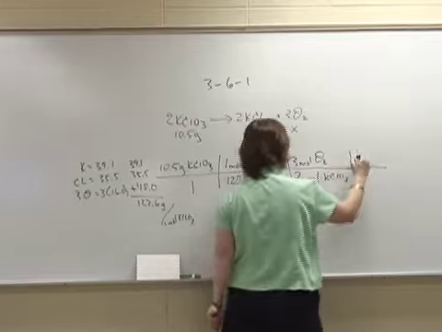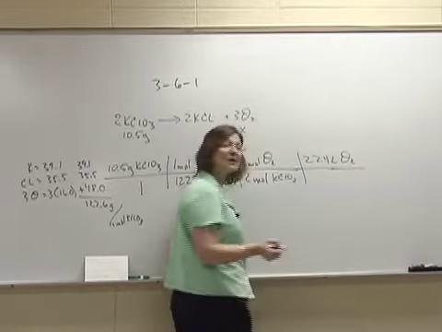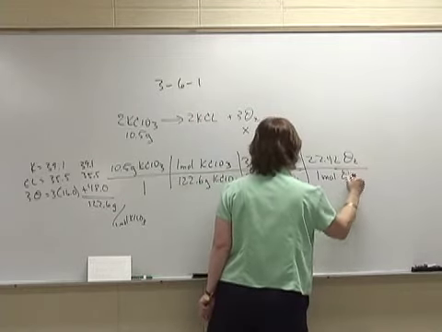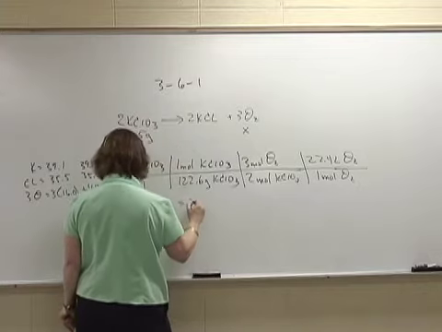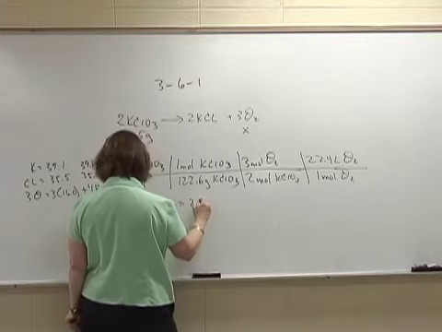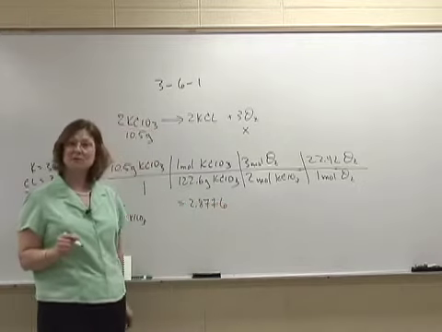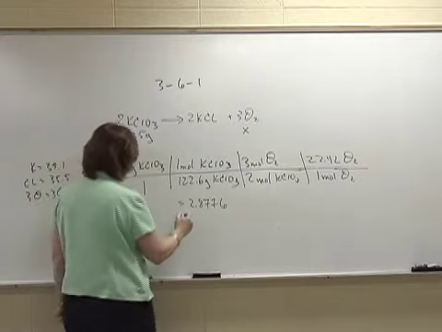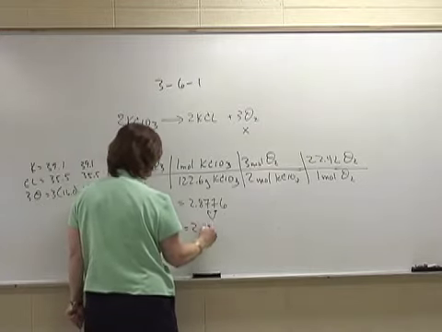There are 22.4 liters of any gas, and in this case we're talking about oxygen, in 1 mole of oxygen. And when we do the math, we get 2.8776. Again, I look back to my original equation and I want 3 significant digits in my answer. And then I look at the 7, it rounds the 7 up, and it's 2.88.